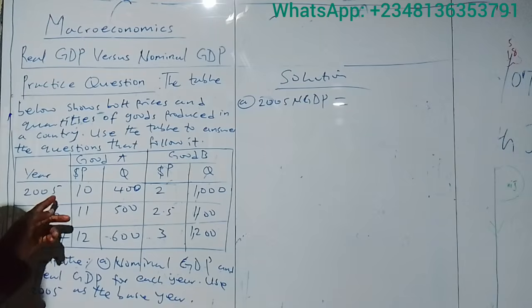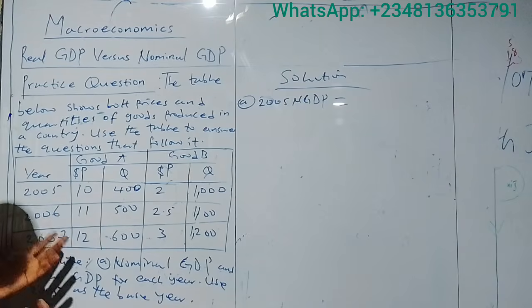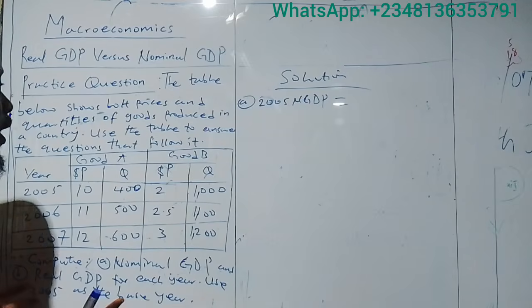For example, 2005. So we look at the price in that year, then we multiply by the quantity in that year for each of the goods produced in that year, then we add everything together.